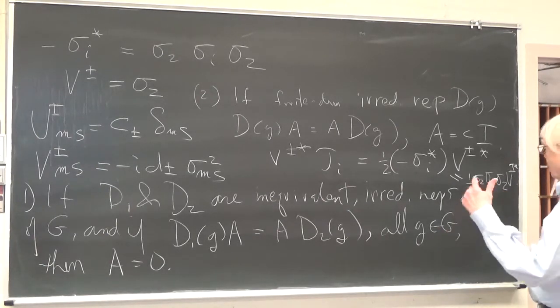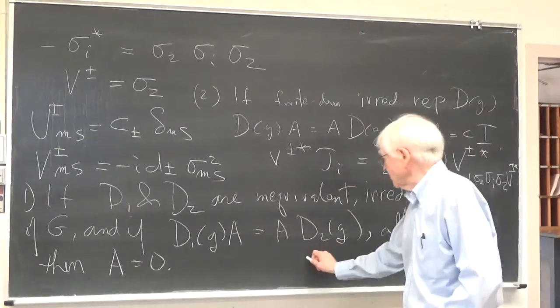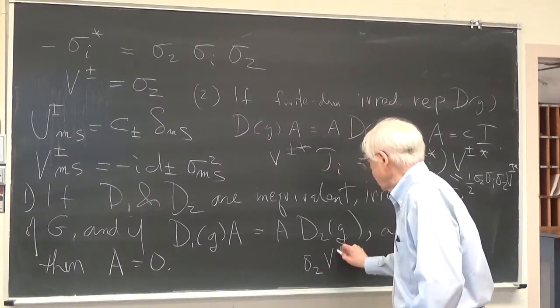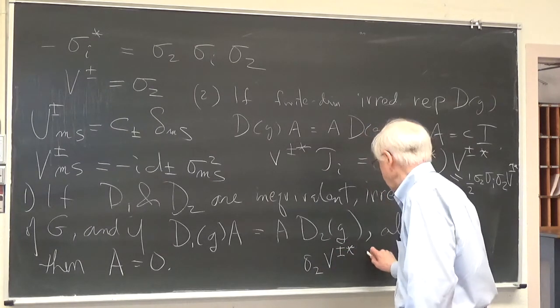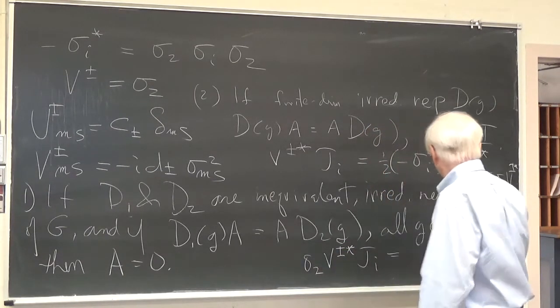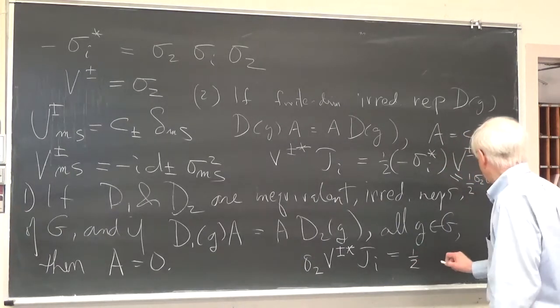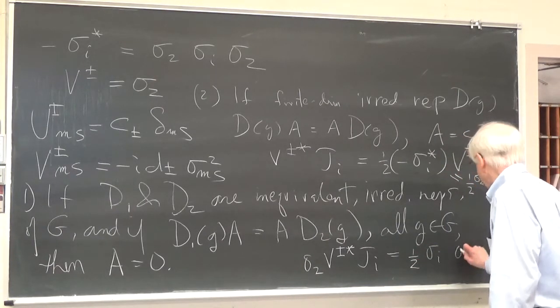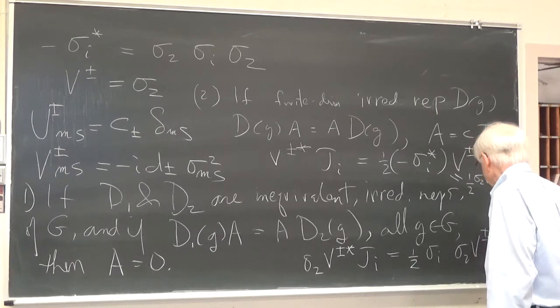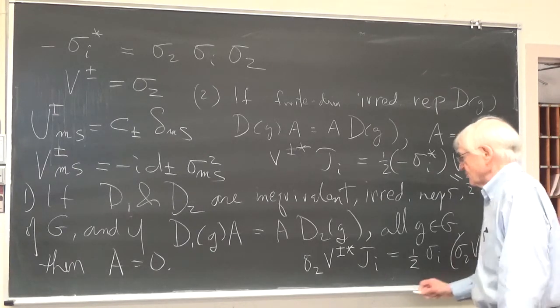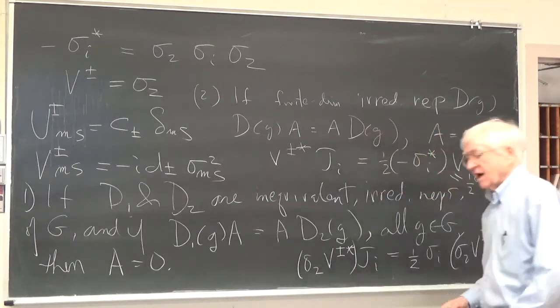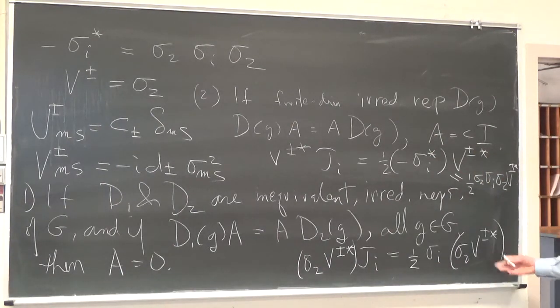And now we multiply from the left by sigma 2, so we get sigma 2 V plus or minus complex conjugate J i equals a half sigma i sigma 2 V plus or minus complex conjugate. And so then these structures here have to be the identity. This has to be a multiple of the identity.